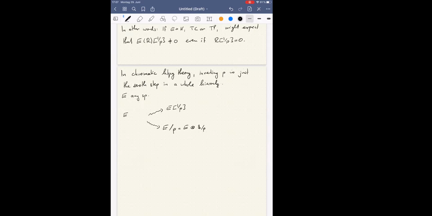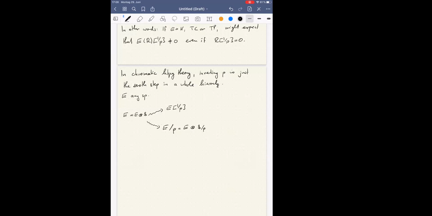Okay. So to see what one should do in the next step, it's maybe good to contemplate why we actually did this, inverting P and taking mod P. So let's just write this as E tensor the sphere spectrum, the monoidal unit. If we want to invert an element, it should be better an element which is non-nilpotent. And there are not so many non-nilpotent self-maps of the sphere.